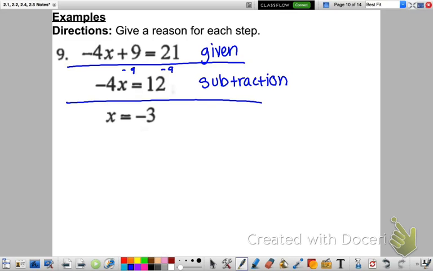The next line says that x is equal to negative 3. How do we go from negative 4x equals 12 to x equals negative 3? They divided by 4. So the reason for that would be division. It's as simple as that. We just have to remember that the reason we are given on each line matches up to what happened between the line previous, okay?